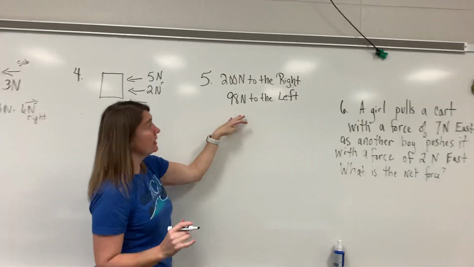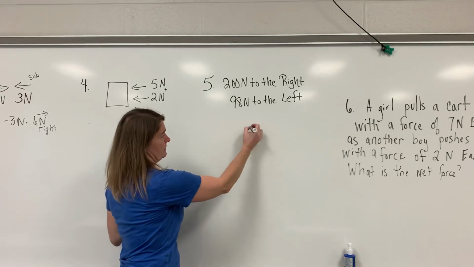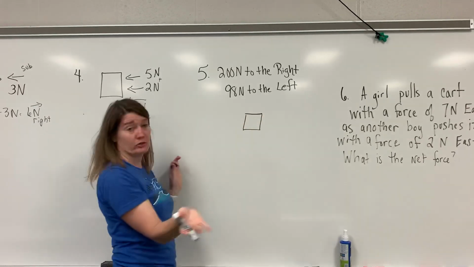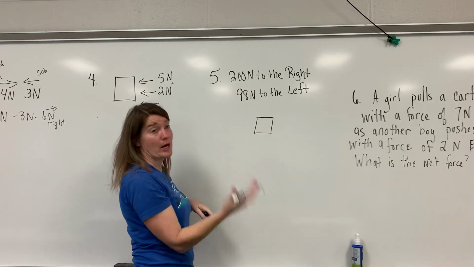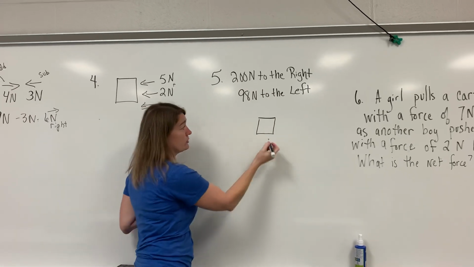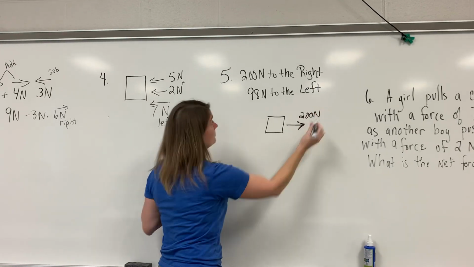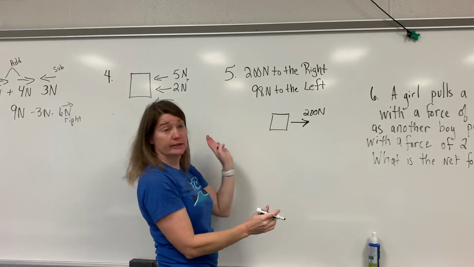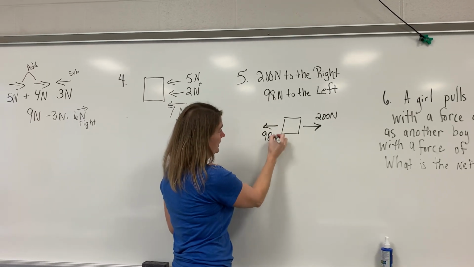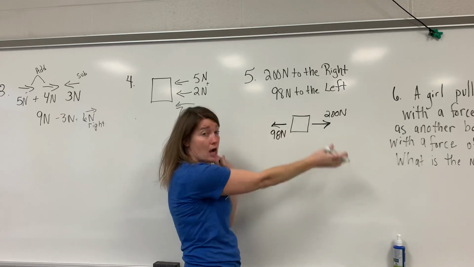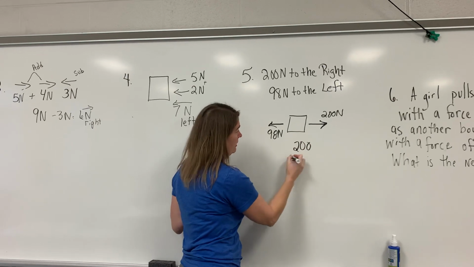This one here, instead of boxes, we have words. So you can make a box, put a little box here, just like that. You're gonna go 200 newtons to the right. That's 200. 98 newtons left. And again, they're going opposite, so you subtract 200 minus 98.